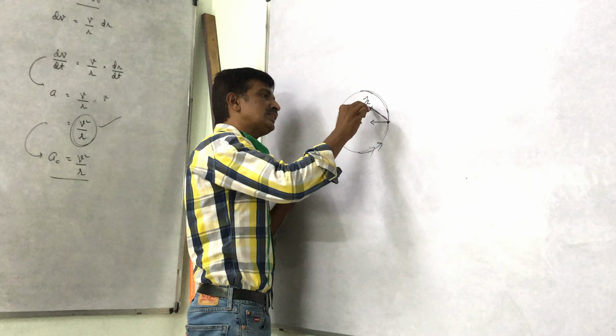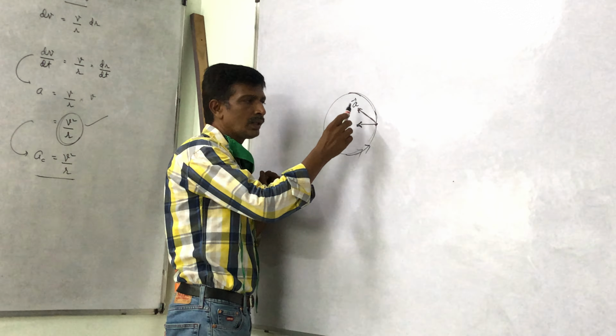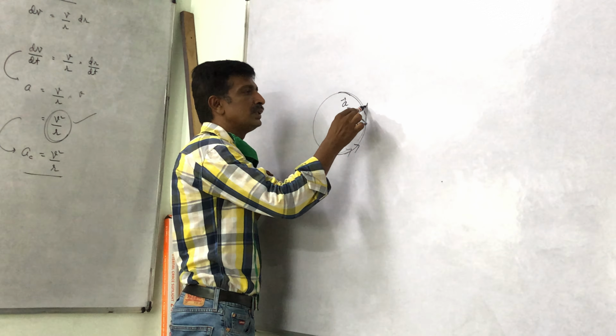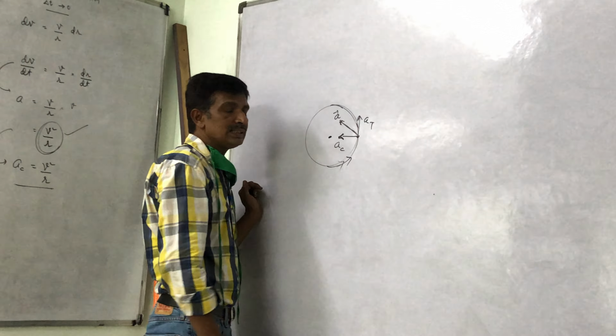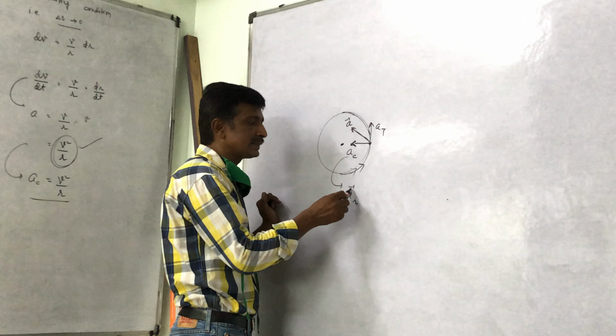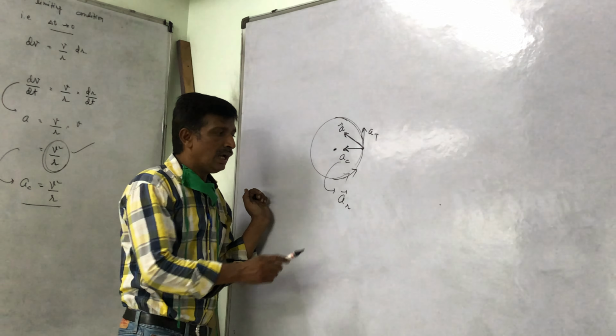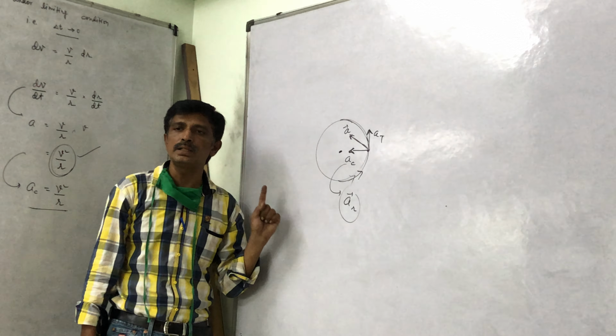So the actual force is in this direction. It has two components. Acceleration is also in this direction. It has two components. This one is tangential acceleration and this one is centripetal acceleration. Sometimes it is denoted as radial acceleration. This acceleration is responsible for circular motion, and this acceleration is responsible for the increment in speed.